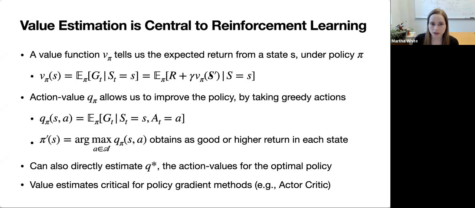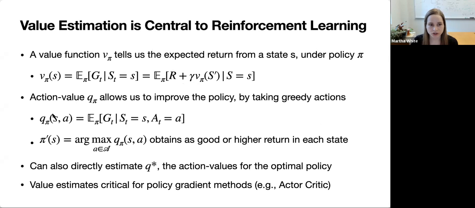And sometimes we'll also write this recursively, where we can say that it's my immediate reward plus my discount times my value in the next state. And this formula makes sense because the value in the next state is also, again, the expected return now starting from that next state. So it's just taking the expectation inside. Okay, so it can be useful to have this value. Often we'll also want to have the action value function, which allows us to then get better policies.